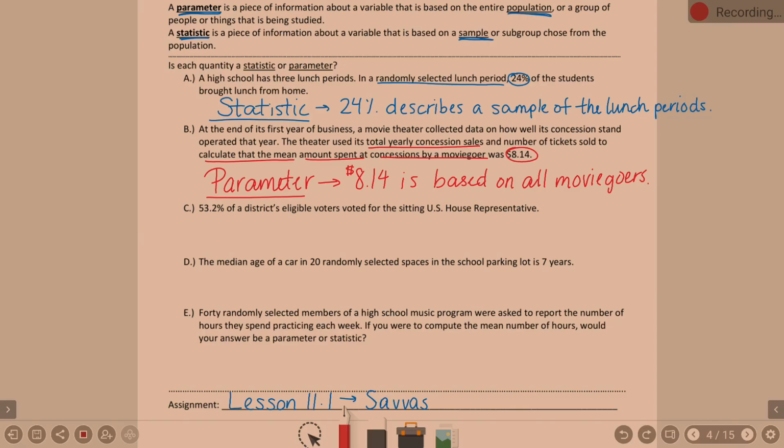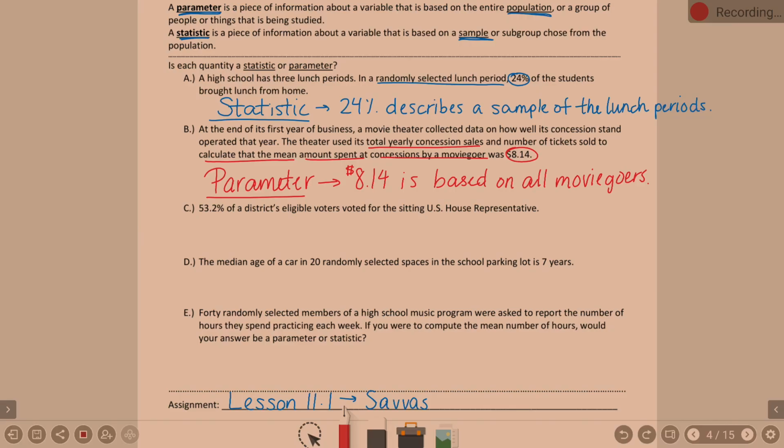It is a parameter because the population is all the eligible voters, and 53% of the eligible voters voted for this person. Don't get hung up on the word district. That'd be no different than saying of a state's eligible voters. Not everybody in the U.S. votes for every House representative. Does that make sense?